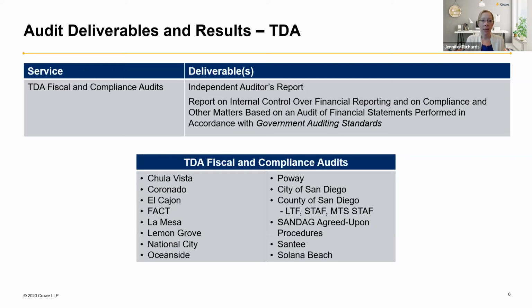There was the County of San Diego, and then the 2 transit operators, SANDAG and Full Access and Coordinated Transportation, or CTSA FACT. So the summary on our results on all of these were unmodified opinions, no qualifications or findings noted. So with that, I'm going to hand it back to you, Kathy.